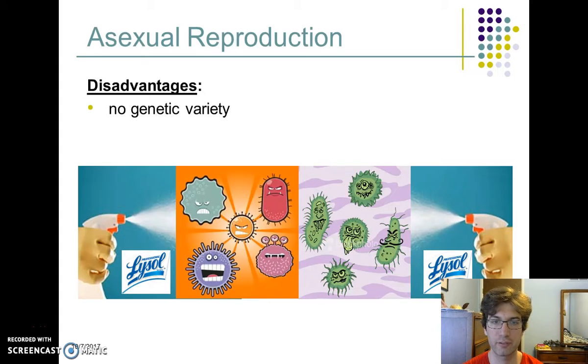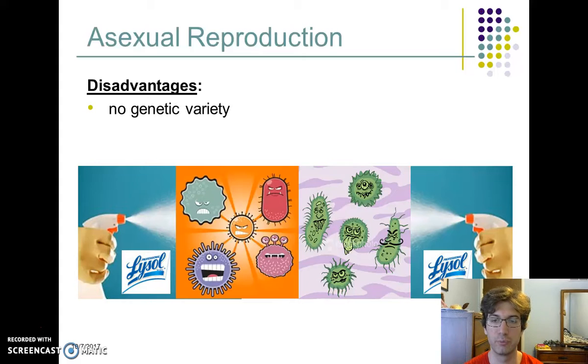All right, some disadvantages of asexual reproduction. There is no genetic variety. So if a bacteria does go through this and a change in the environment happens, if one bacteria is susceptible to it, all the ones that are clones like it will also be susceptible to it. For example, whenever you use Lysol to kill bacteria, it's not going to kill every bacteria.